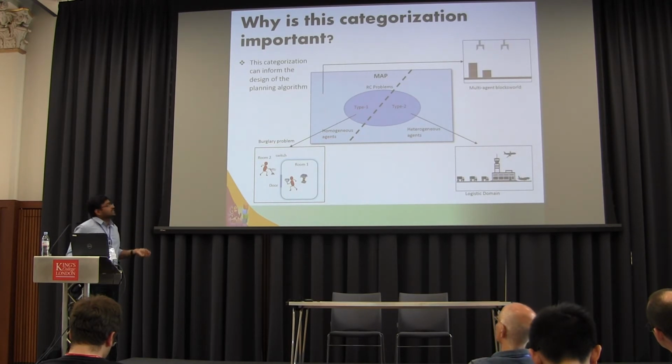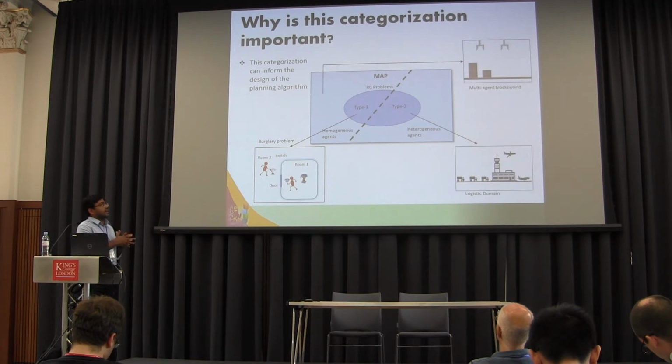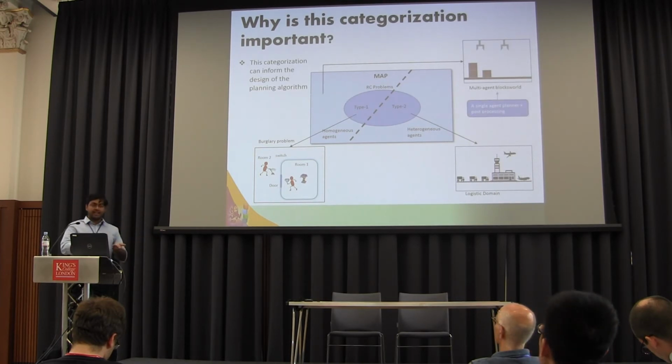One important reason is that these properties could help in deciding what kind of planning algorithms to use to create solutions for these problems. For example, if we are considering centralized planners, one could solve the first type of problem using a single agent, and then use a post-processing step to expand it to multiple agents.